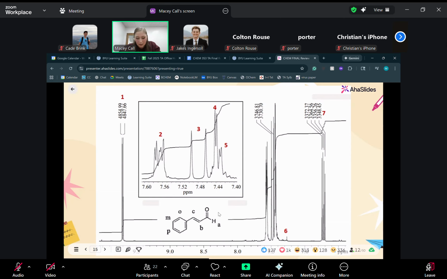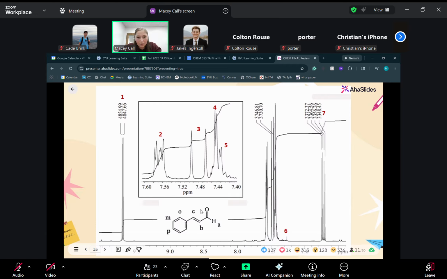So if I'm looking at, let me find the key actually. Okay, so if I'm looking at this, if I draw a resonance structure, A can actually have a double bond, so it is a doublet. And so A is going to be a doublet, and then it's going to have a partial positive charge.